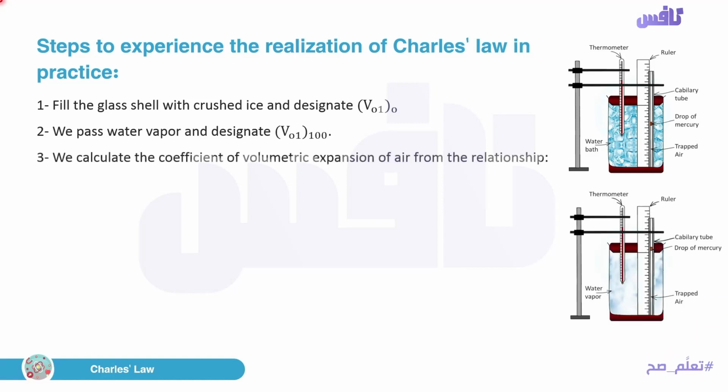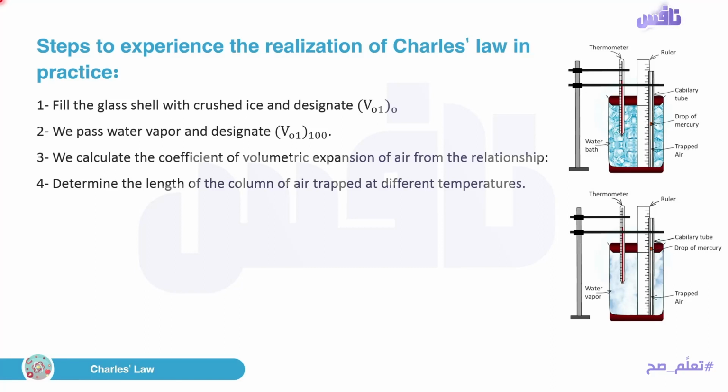Number 3, we calculate volumetric expansion, as we said before, from the relationship beta equals V100 minus V0 over V0, multiplied by 100. Number 4, determine the length of the column of air trapped at different temperatures.